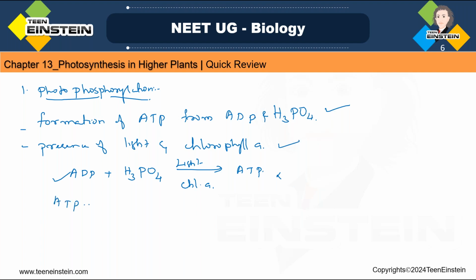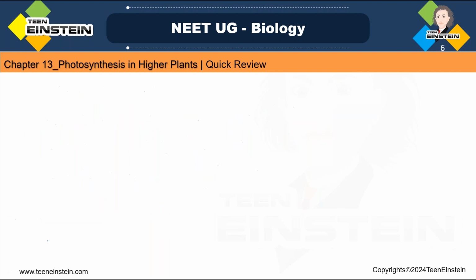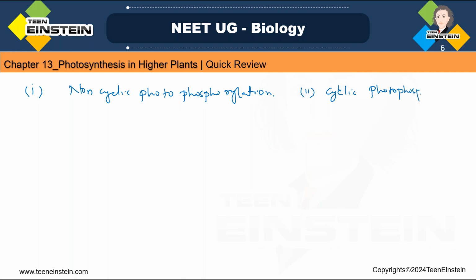The first type is non-cyclic photophosphorylation, and the second one is cyclic photophosphorylation.